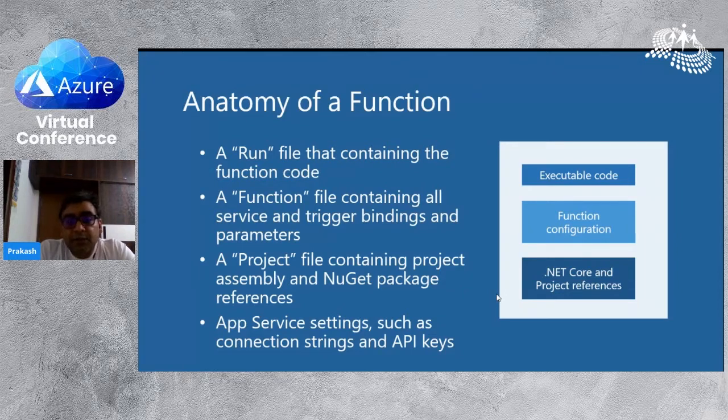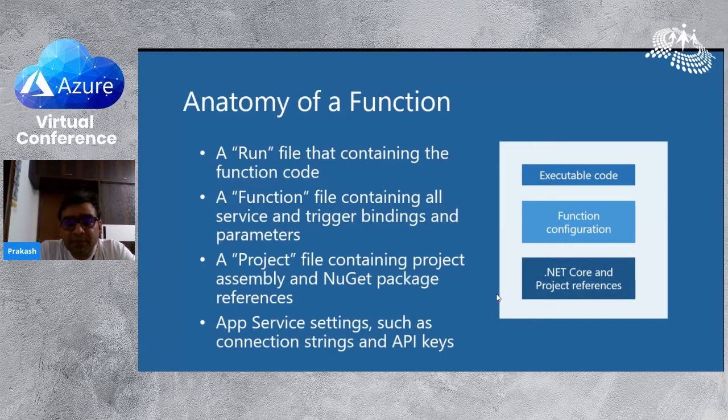Then there's some configuration related to bindings, basically, in case I want this function to be run on certain triggers, like some message came into my queue or some service bus got triggered. Those kinds of configuration need to be there. And the topmost thing is the code, the real code, what I want to do when this particular function is getting called.